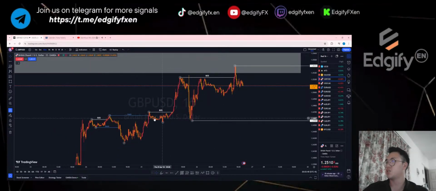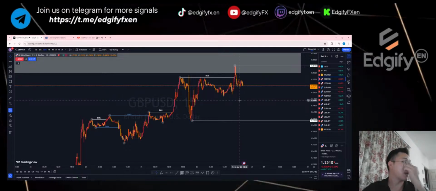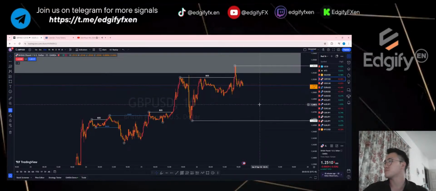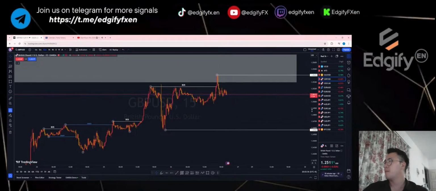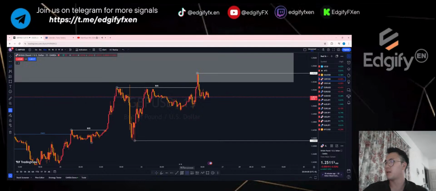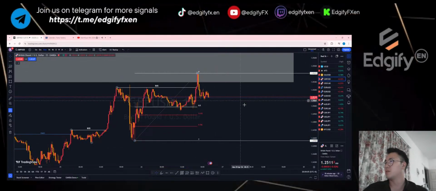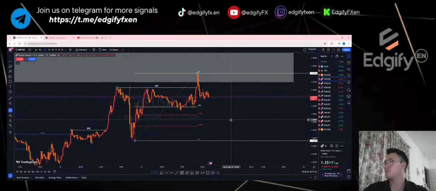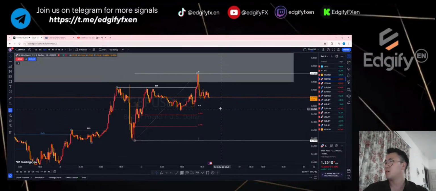We have this CHoCH and then a BOS and another one here, which just happened at about 4 p.m. give and take. So at the moment on the 15 we are looking for a buy, but we'll see if we can get any positions to short this pair later, probably before the US session, basically before the news.